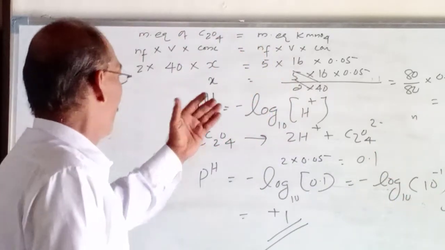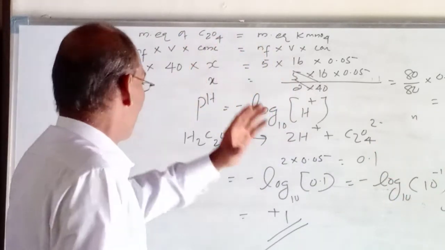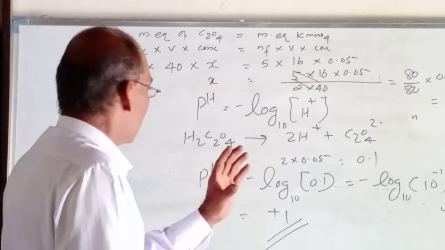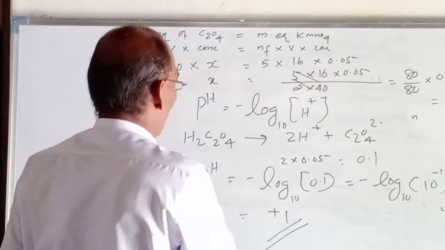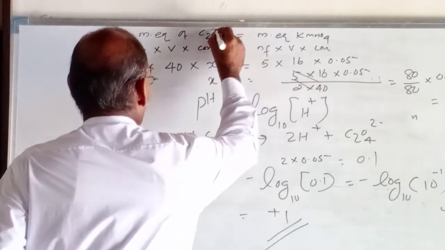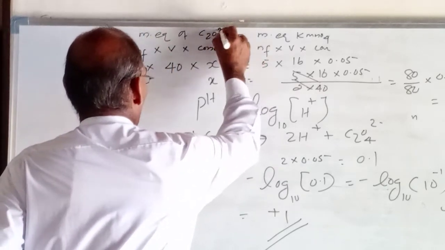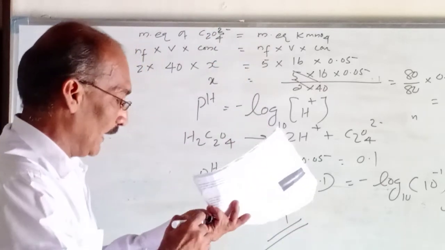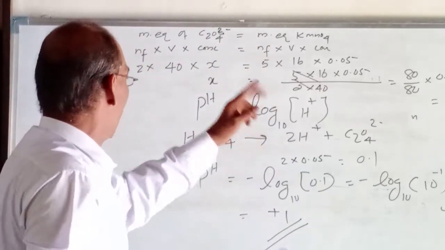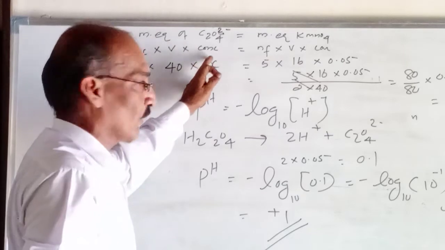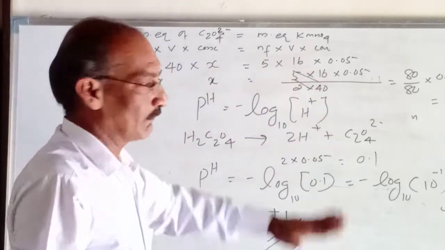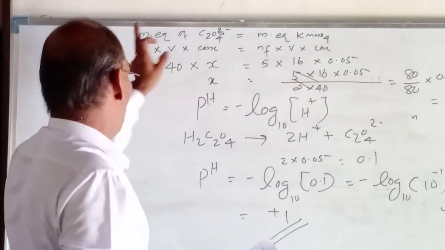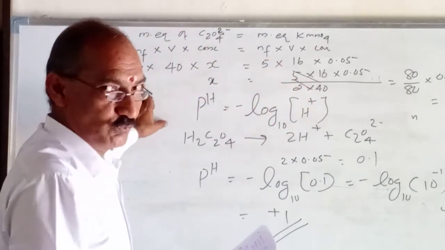Then what we can do as per the rule, that is the concept: milli-equivalent of oxalate ion is equal to milli-equivalent of potassium permanganate. Milli-equivalents we can find by taking the NF factor into volume into concentration. On both sides, NF factor and volume into concentration are equal. NF factor for oxalic acid is 2.